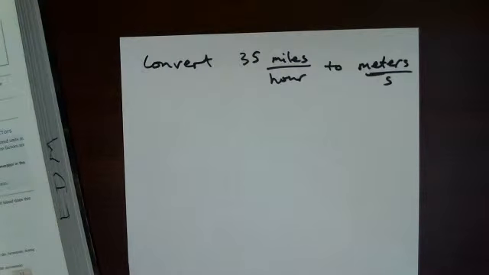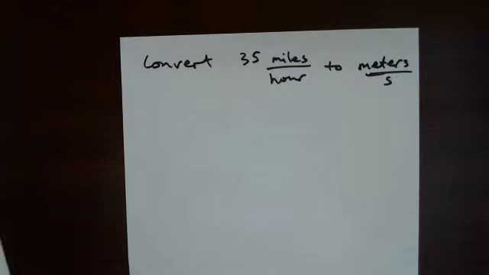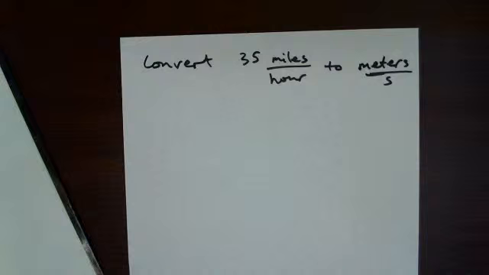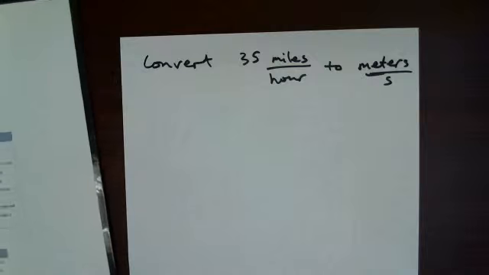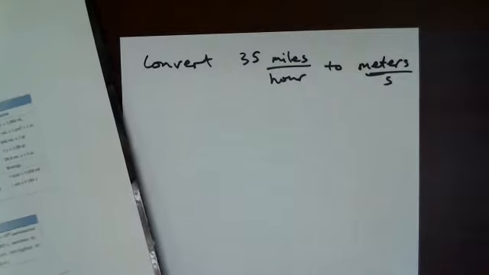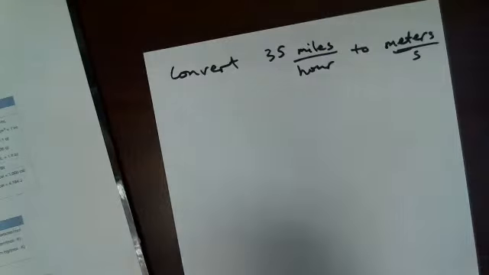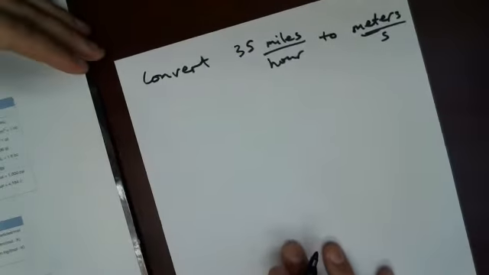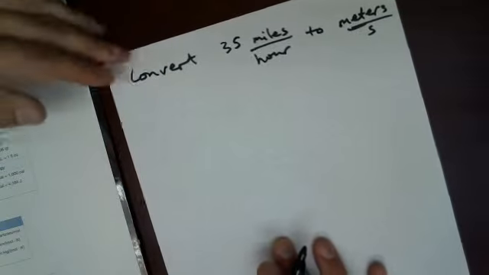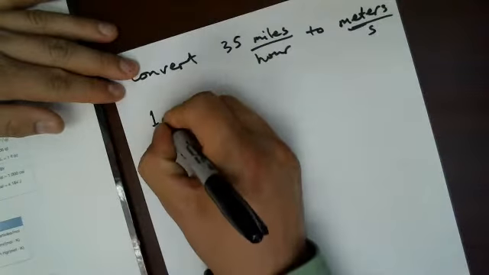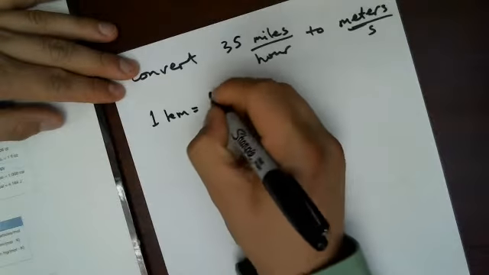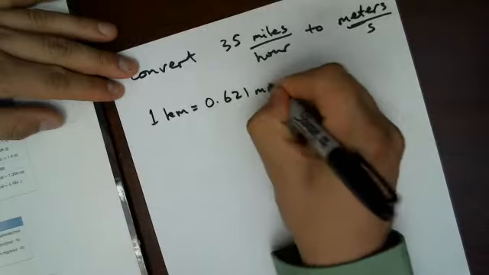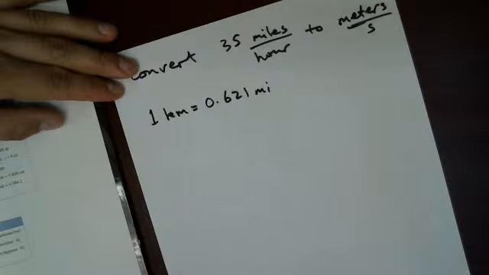We'd have to know that in the back of your book you will find different conversions, but aside from that, you could just Google them and they'll often come up quite easily. Just using the back of the book, here we are, 1 kilometre equals 0.621 miles.